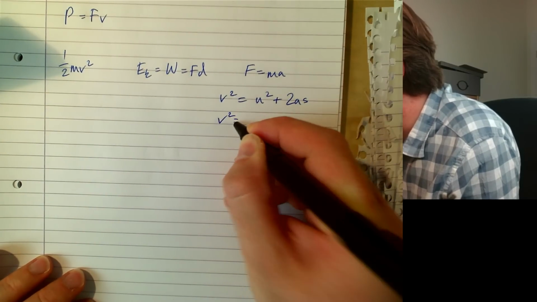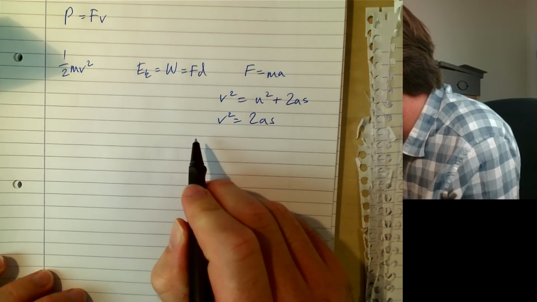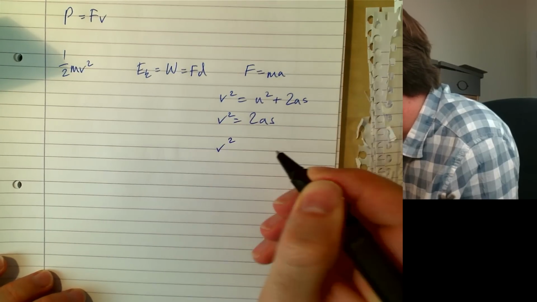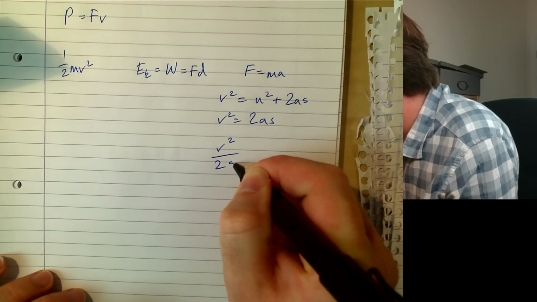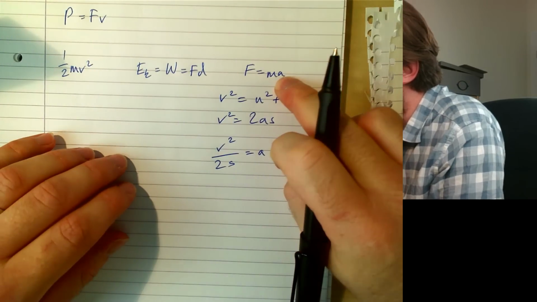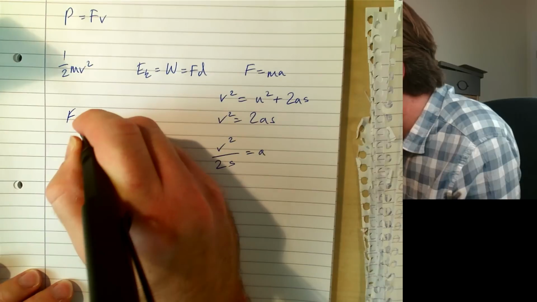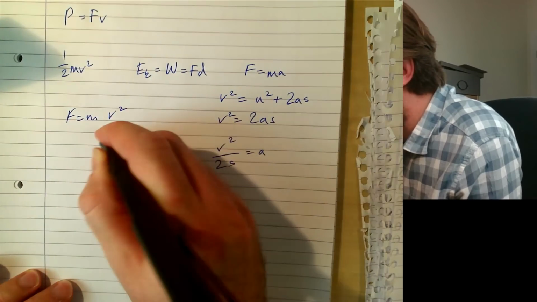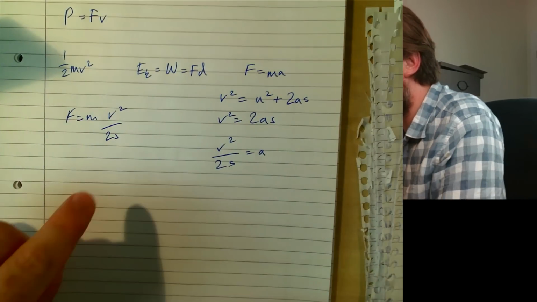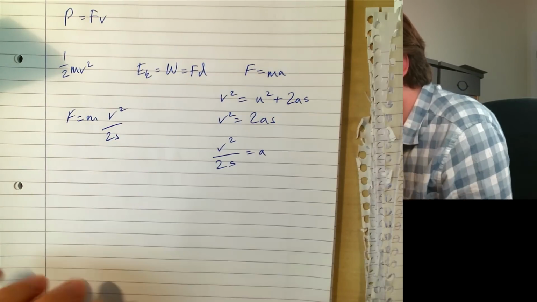So v squared is 2as. v squared over 2s equals a. Sub this in there for this one here. F equals mv squared over 2s. This in here instead of the force.